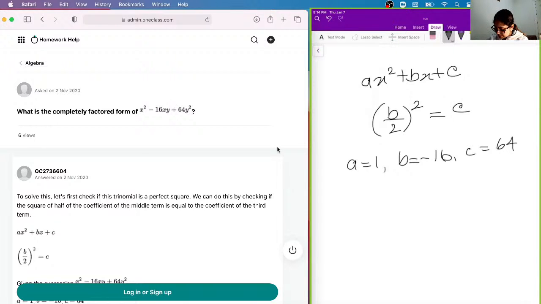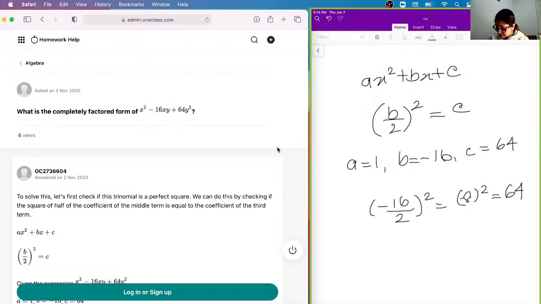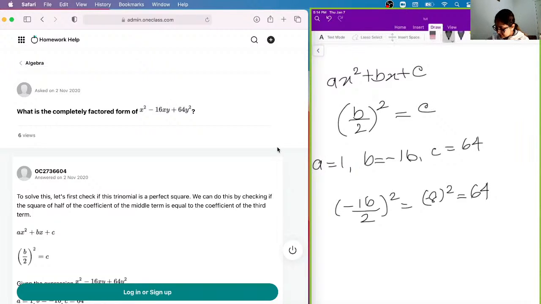So we would say -16 over 2 squared, which is -8 squared, and you have 64. And 64 does equal c.